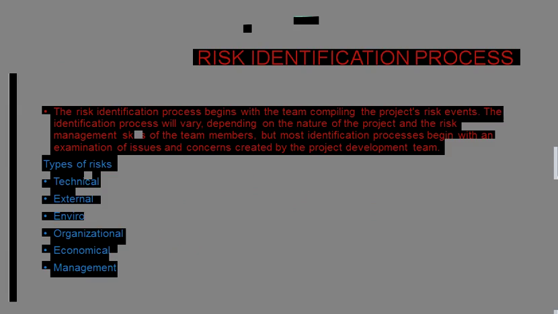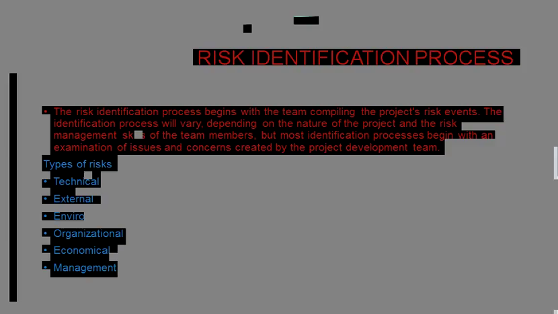And the process of it: the risk identification process begins with the team compiling the project's risk events. The identification process usually varies depending on the type and nature of the project.